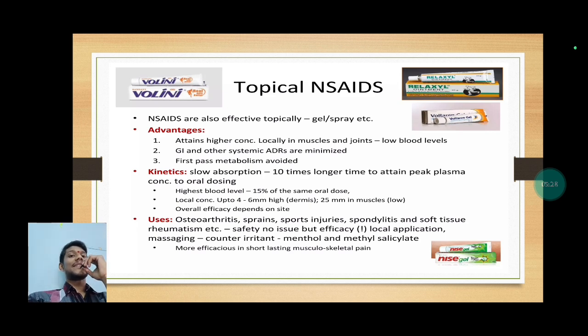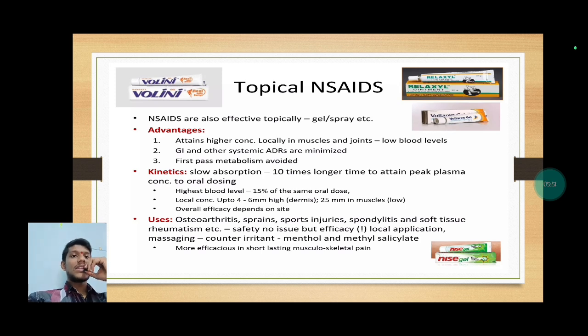And the common sense is that when we apply topically on the site of injury, it has a direct effect on the pain and relieves the pain in a short duration.